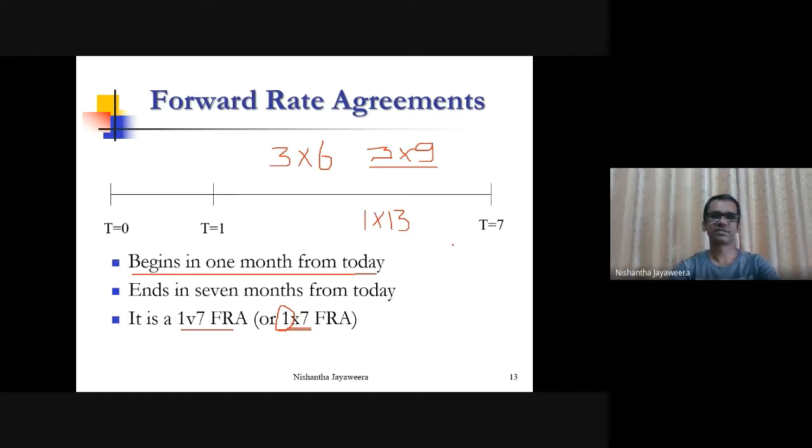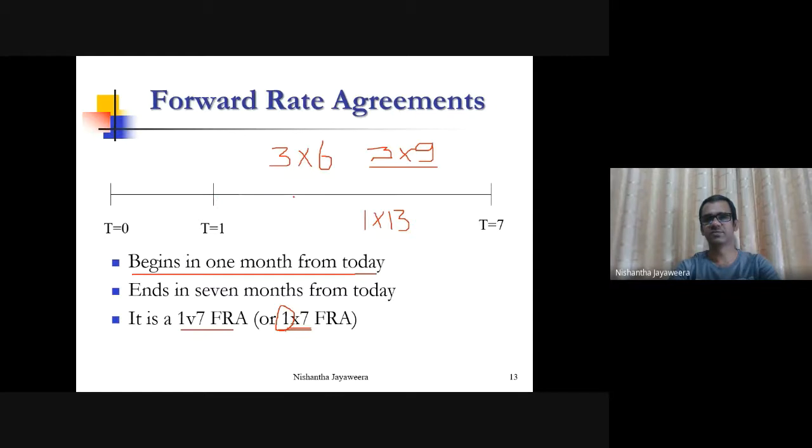One into 13: starting in 1 month, ending in 13 months. What does it mean? Starting from 1 month for a period of 12 months. So this part would be 12 months, 1 year. So that's how we denote this. I think it's clear.